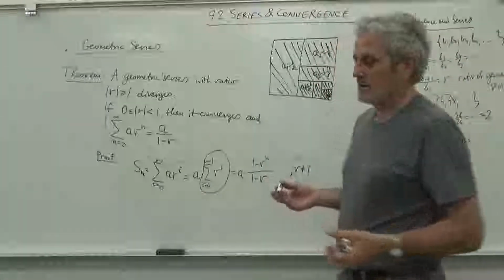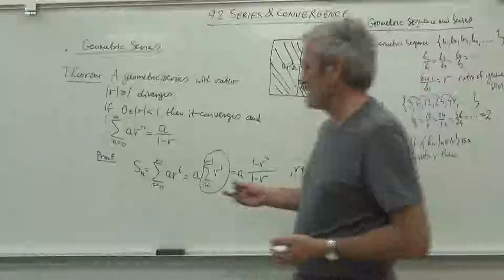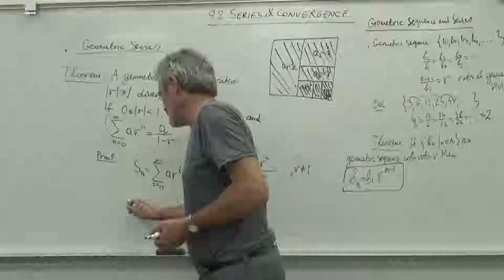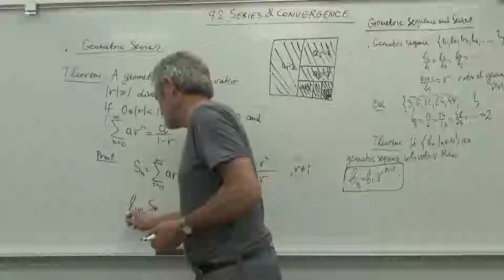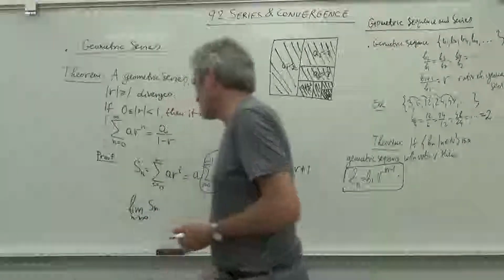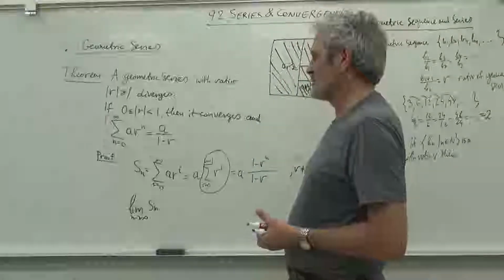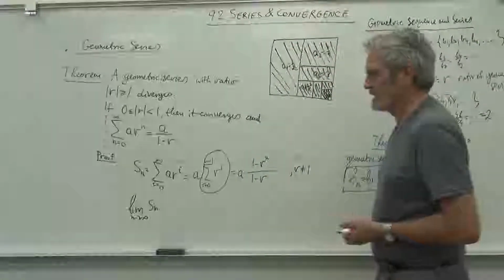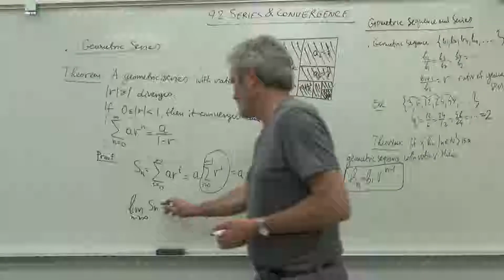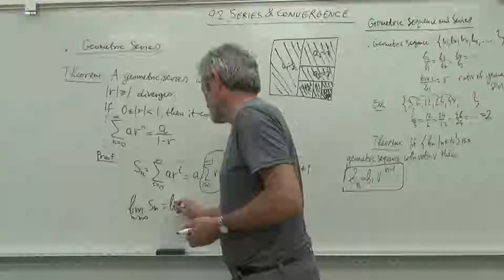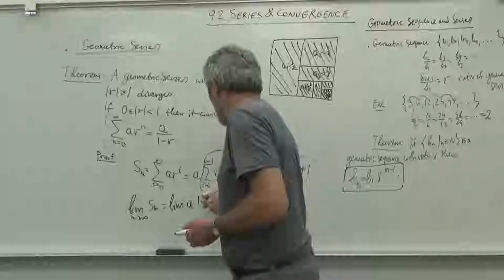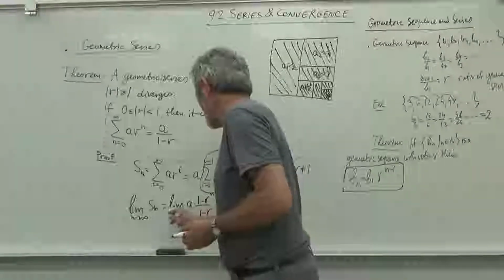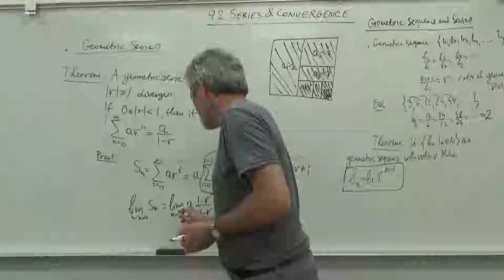And then, according to the definition, we need a limit. So what happens when the size of the collection, because that's what n is, how many members we take, approaches infinity? So we get the limit of a times 1 minus r to the n over 1 minus r when n goes to infinity.